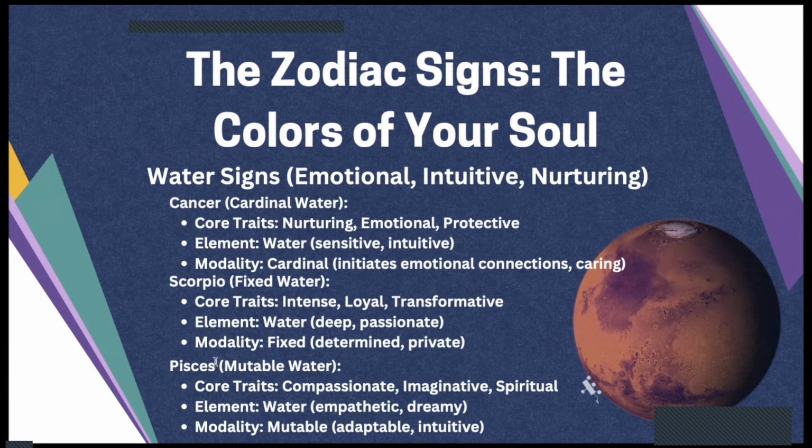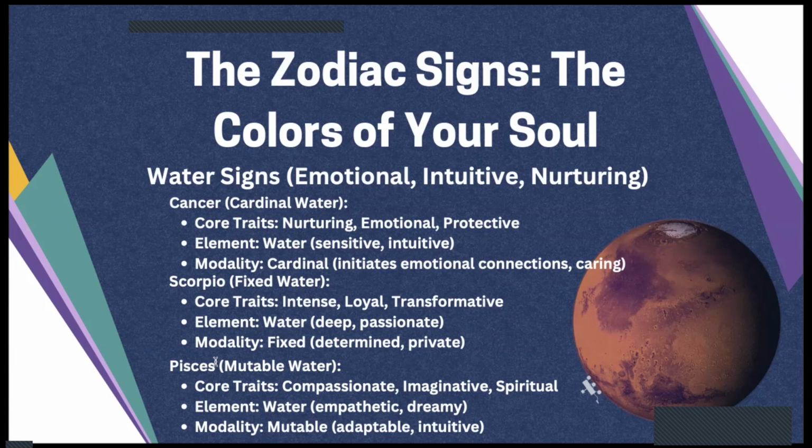So if you ever go to somebody who has their rising in Cancer or their moon in Cancer, or just have a lot of Cancer energy, they're really going to be connected to that home space. They're not just going to let anybody into their home. And when they become your friend, when they consider you somebody they can trust, then they're going to be protective over you. They're going to be nurturing over you, seeing what you need in your life, right?